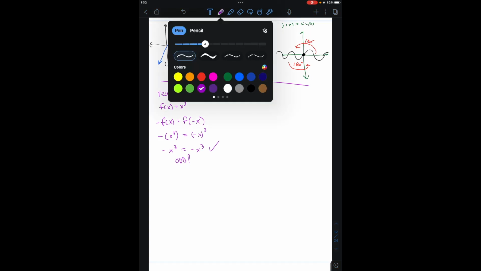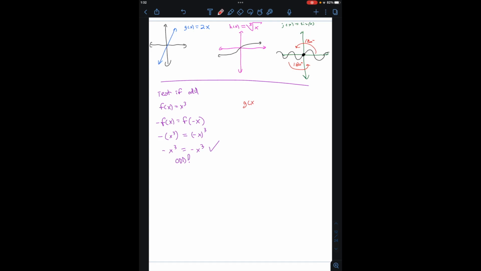Let's look at another example. So if I have g of x equals x cubed minus 8x, negative g of x would be negative all of that, x cubed minus 8x, which would equal just negative x cubed plus 8x. Comparatively, if I wanted to look at g of negative x, I would plug in negative x, cube it, subtract 8 times negative x.